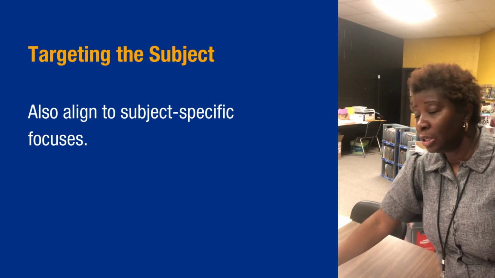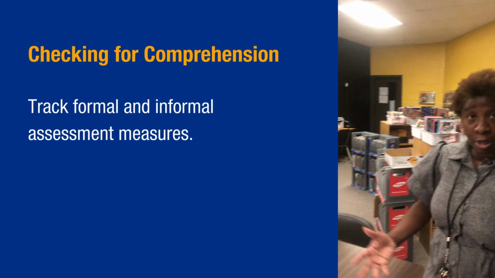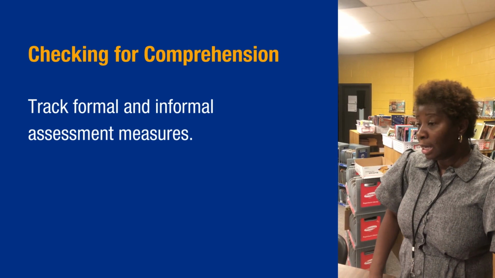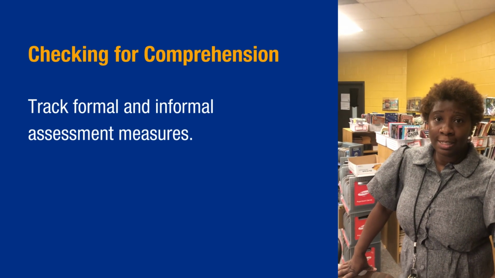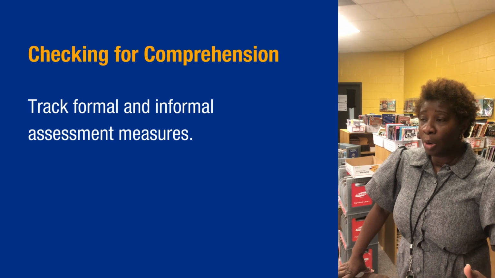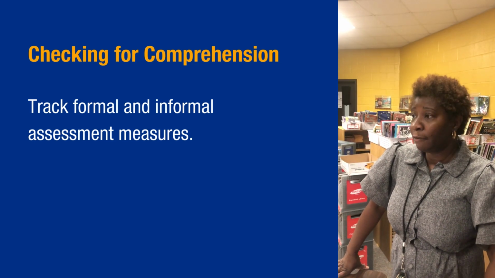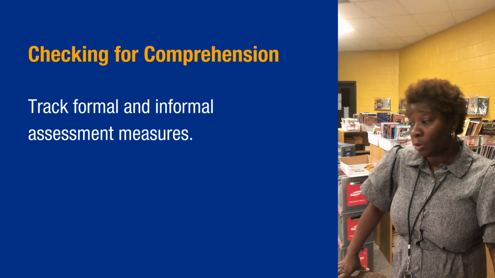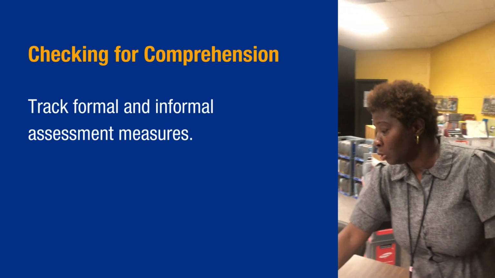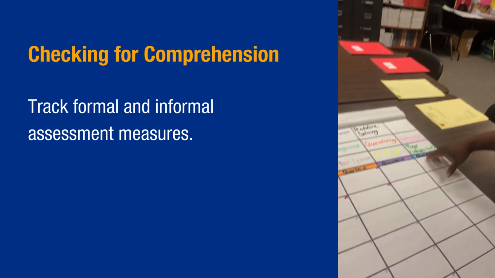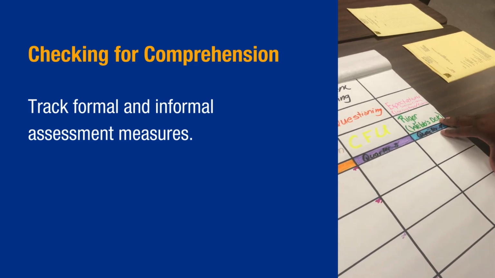Also, we're checking for understanding not only informally but also formally through the assessments, because teachers need to make sure that they're assessing students according to the actual test. We know how tests are written, and most of them are designed for students to analyze and evaluate. So we want to move away from those lower level questions, so therefore we have the rigor there. How often are you using questions?